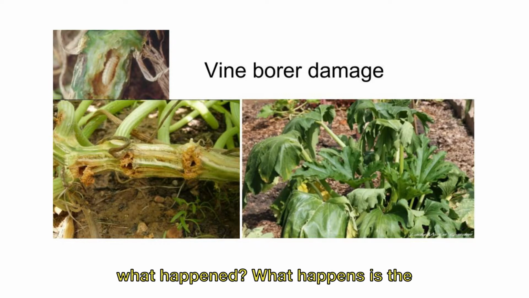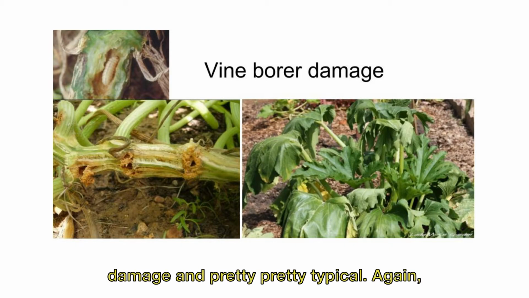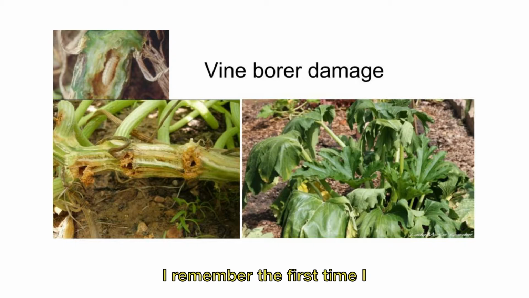What happens is the female lays her eggs on the stem, and then the larva bores in, and this is severe damage and pretty typical. I remember the first time I saw this pest, I thought a rat had come into my garden and just chewed the heck out of my stems, because you get this pulpy, nasty mess. And these are holes where the larva is actually pushing its poop, or frass, out of the hole.